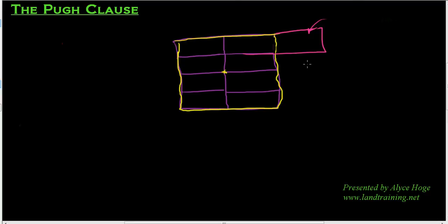It's not fair for a well over here to hold this lease if there's part of the lease in the unit and part of the lease outside of the unit. This prevents the landowner from getting any revenue from the lease. It prevents him from getting a bonus payment to release the land that's not being used.